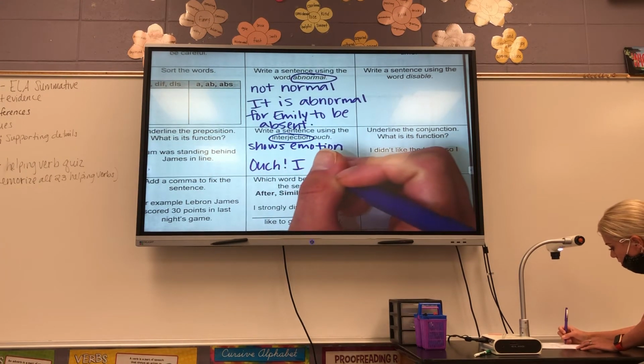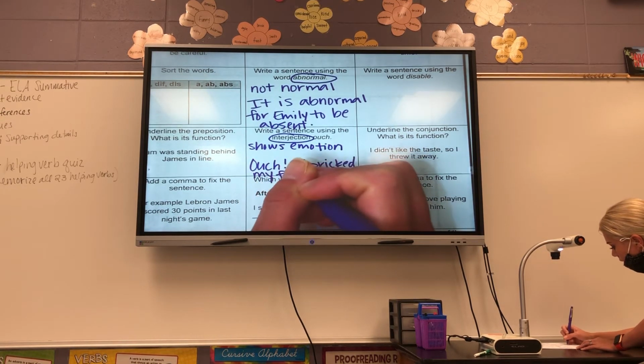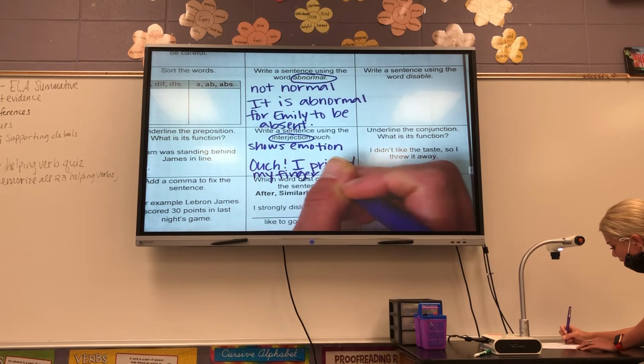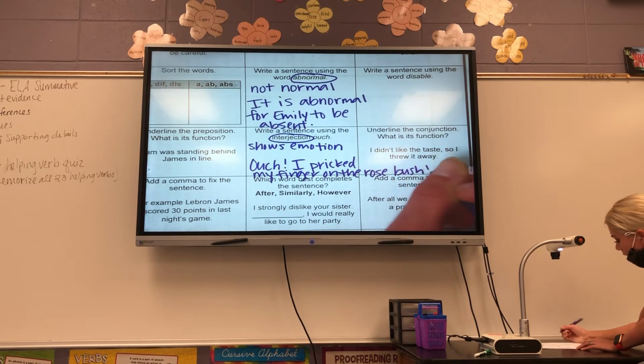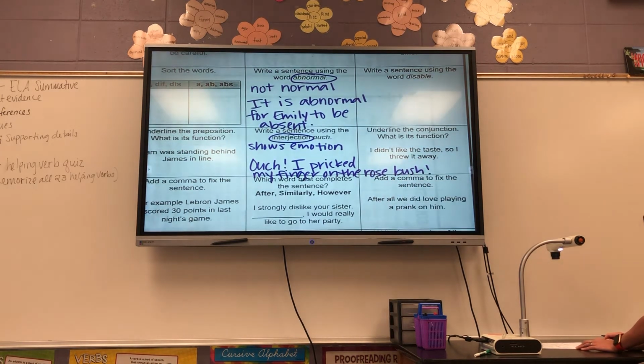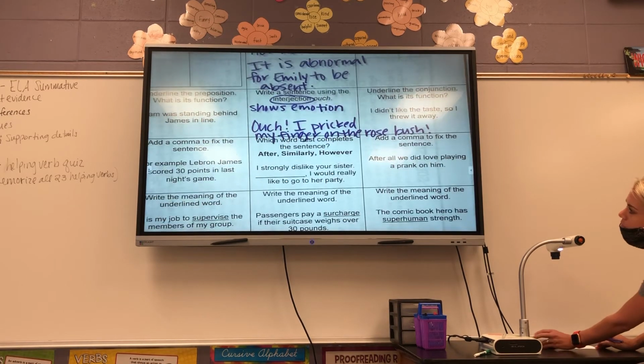I pricked my finger on the rose bush. So that tells me, obviously, it hurt when I pricked my finger on the rose bush because I said ouch. Okay?